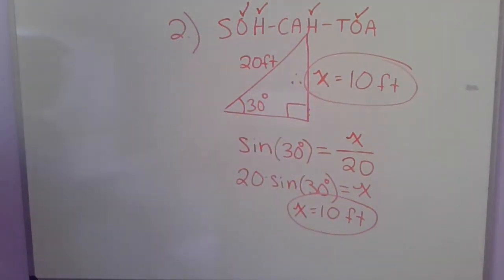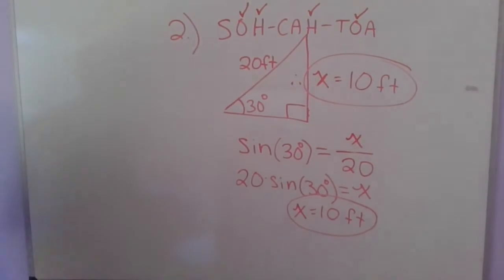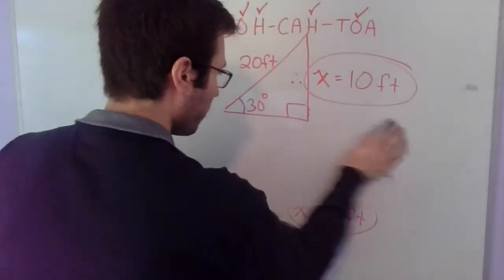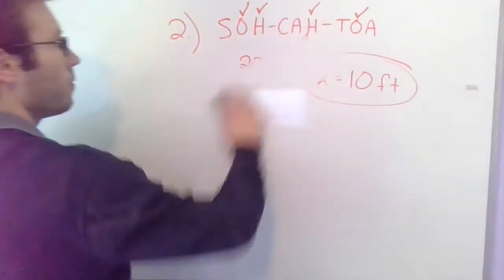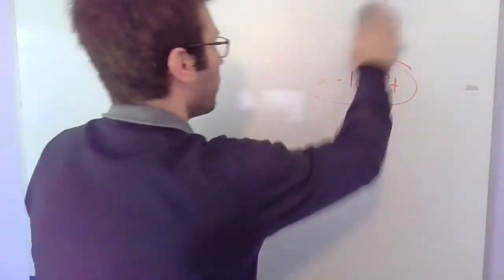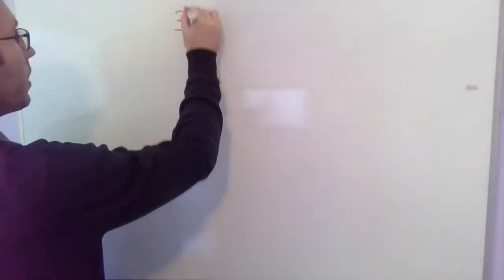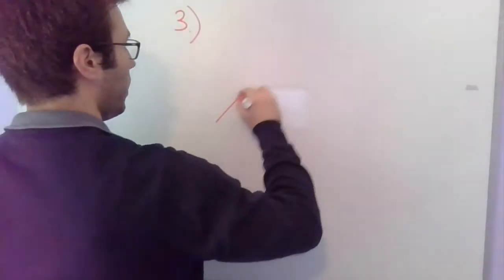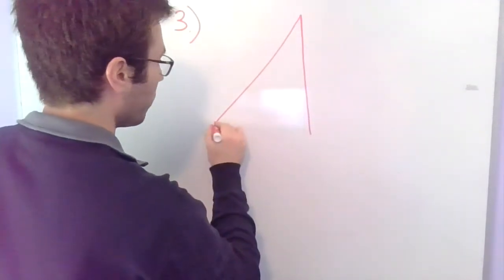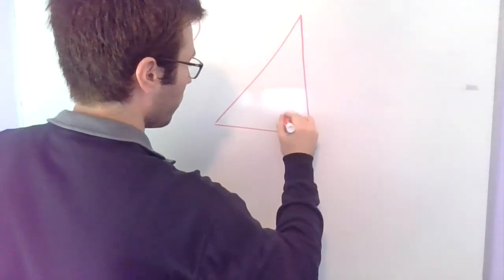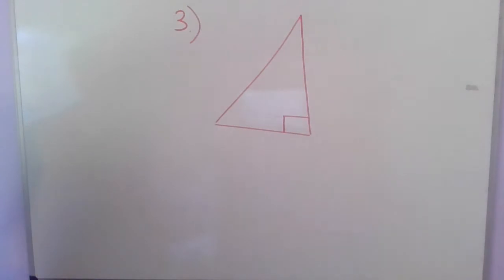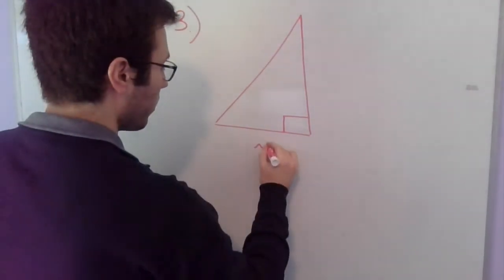All right, let's talk about the final example here. This is example 3. Given some right triangle, say we have this is x.